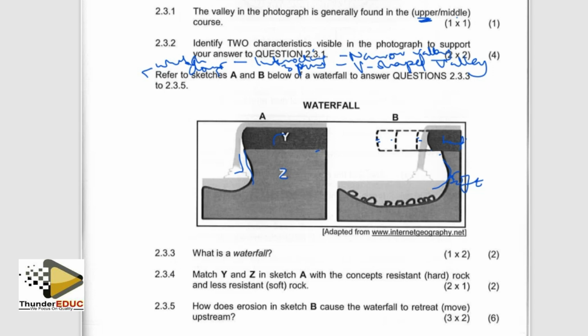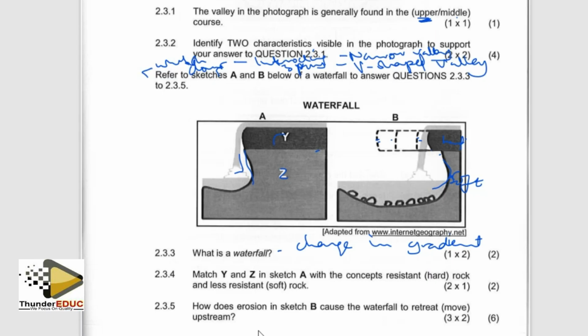What is a waterfall? A waterfall is a change in gradient, or when a river flows over hard rock down the stream.